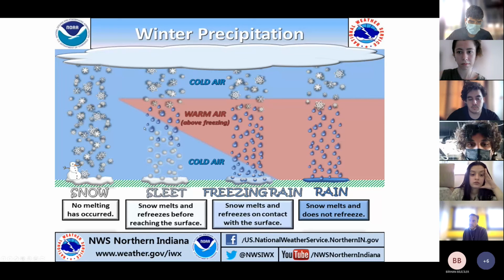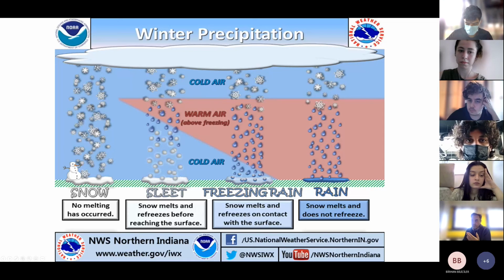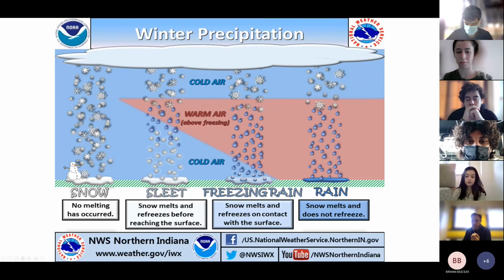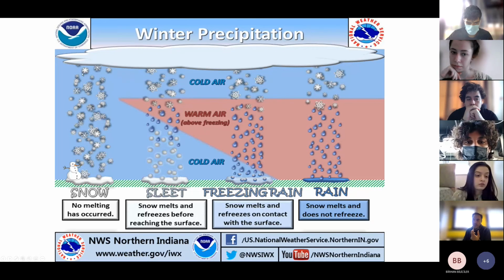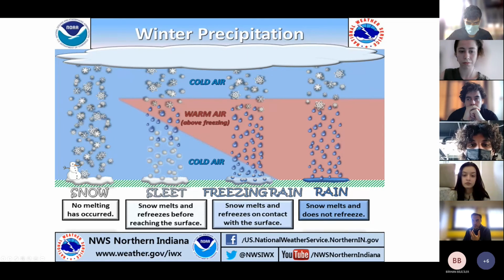Let's start from the left side, which is snow. We will talk about the generation of ice next slide. These are snowflakes or ice crystals. We have a cloud and this is winter, therefore snowflakes are falling from the upper atmosphere.